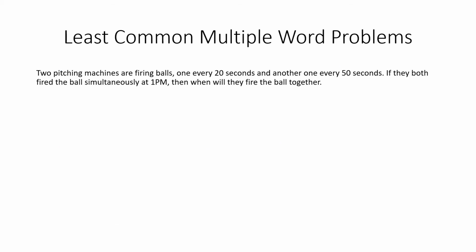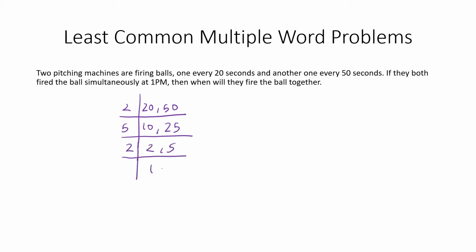So if we use the shortcut, we're going to make this table-like thing. I'm going to start with 2. That gives us 10 and 25. Then I'm going to go with 5. So I get 2 and 5. Go with 2 again, get 1 and 5.